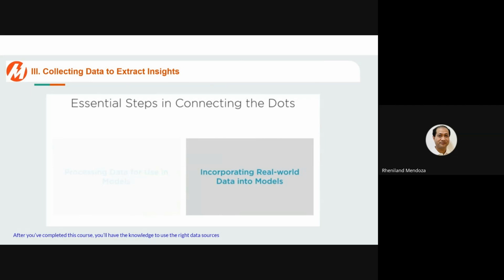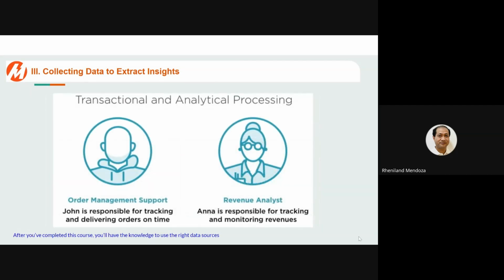So when you work with data, there are two kinds of processing operations that you can perform. One is transactional and another is analytical processing. So let's consider two hypothetical persons.